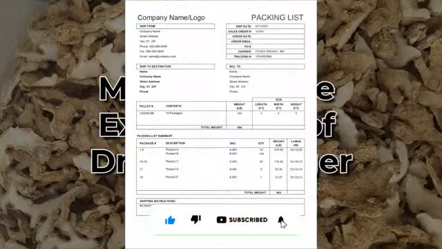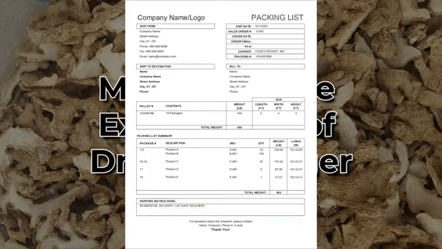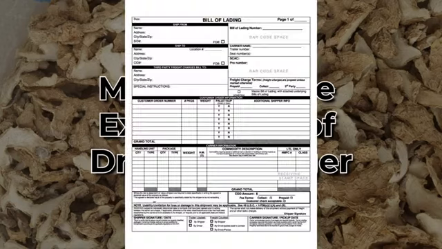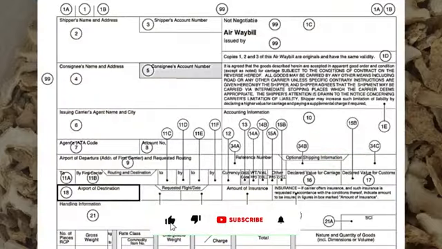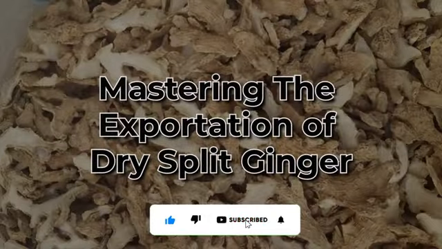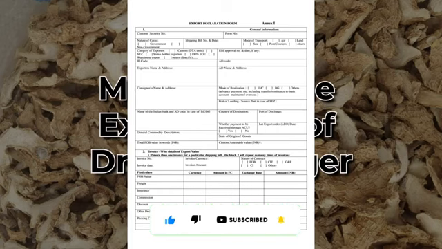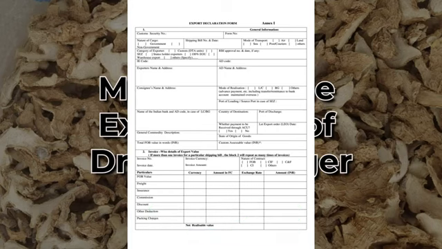Then the packing list, itemizing the net and gross weight and carton dimensions, ensuring accurate cargo identification. Then the bill of lading if it's going by sea, airway bill if by air, roadway bill if by road. Export declaration, that's the NXP in the Nigerian context. You need to fill the NXP.